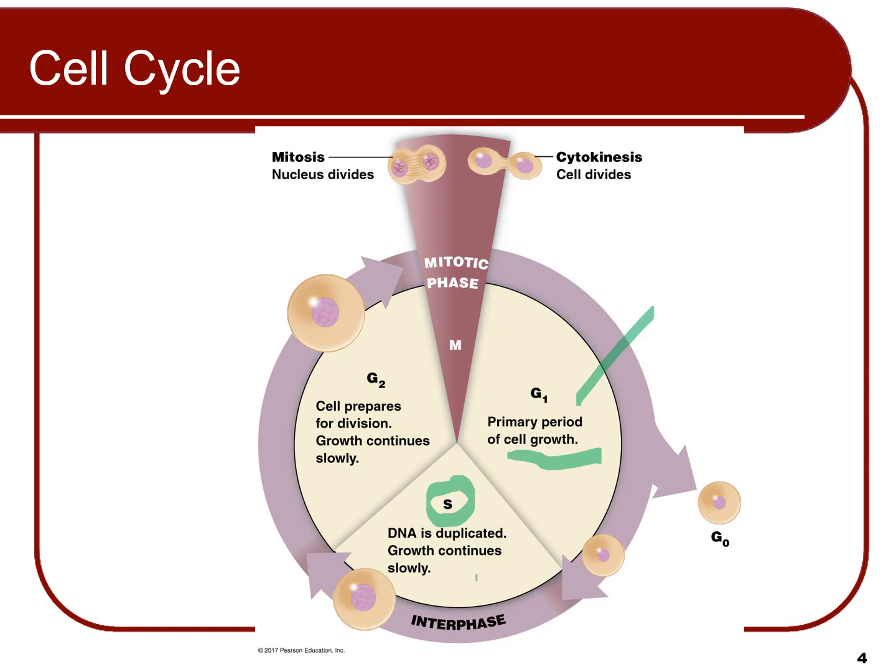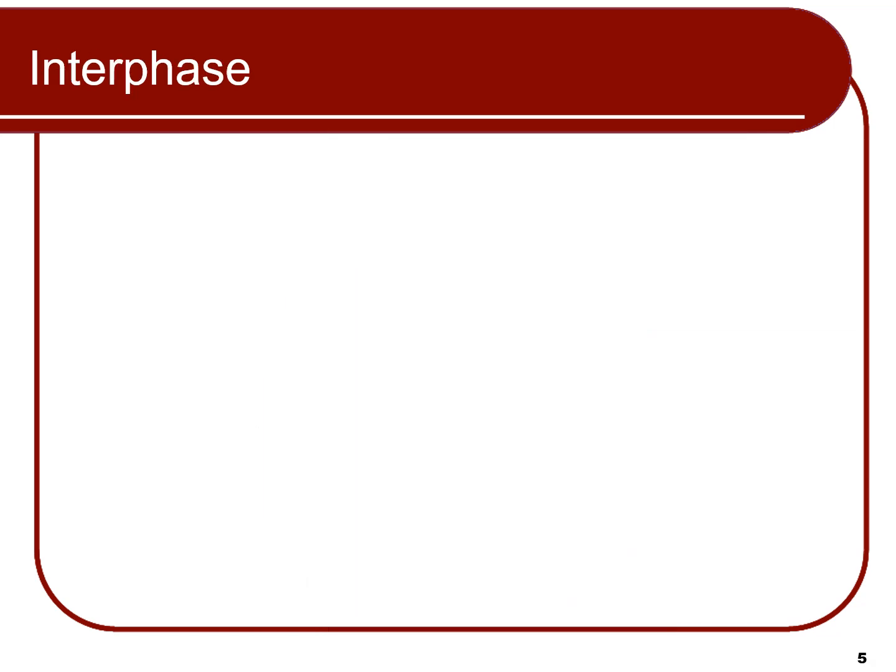And then it enters into G2, which it prepares for division. And then it enters M phase or mitotic phase, and that's where it actually divides. So interphase is everything but the mitotic phase. It's G1, S, and G2. And then the mitotic phase is the actual cell division.